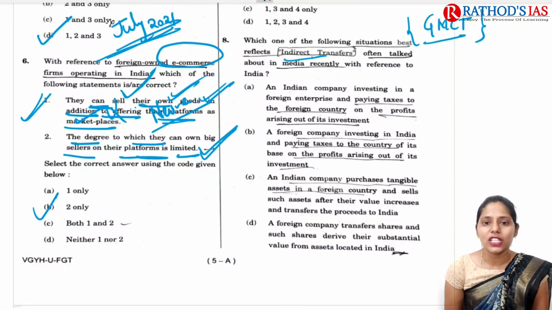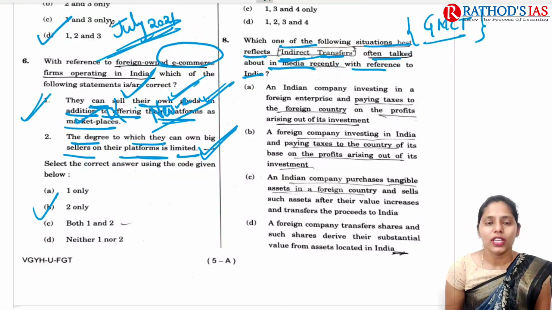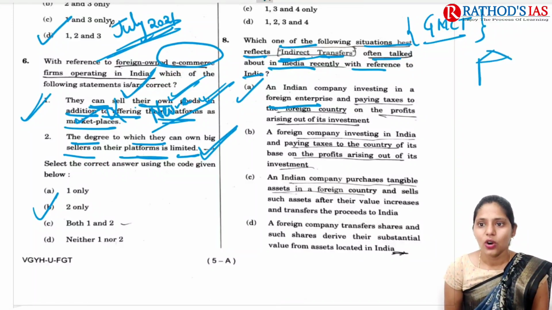So the question here is, which one of the following situations best reflects indirect transfers often talked about in the media recently with reference to India? Option A is an Indian company investing in a foreign enterprise, and this Indian company is paying taxes to the foreign country on the profits.